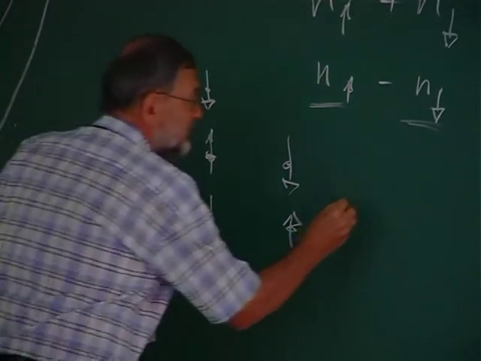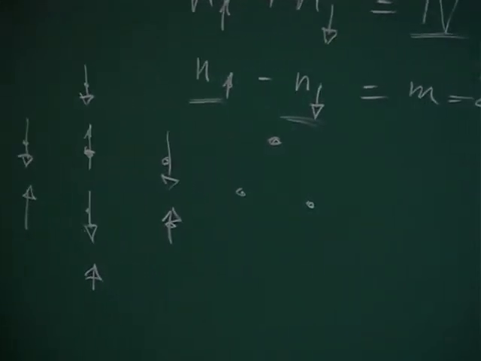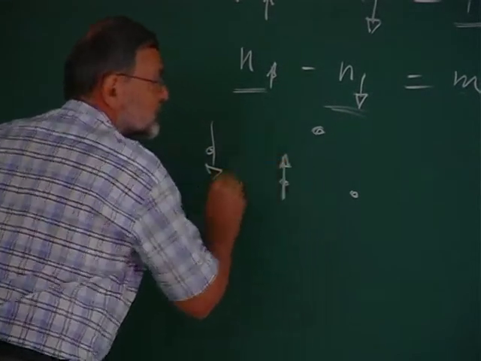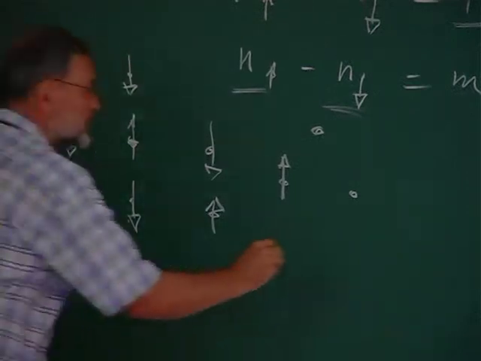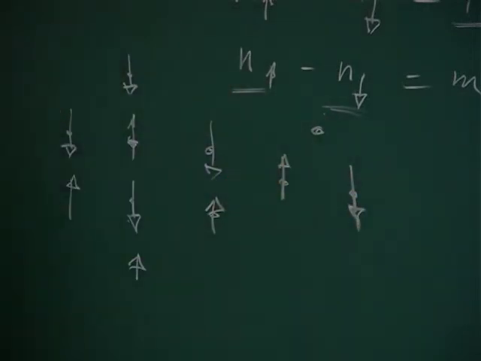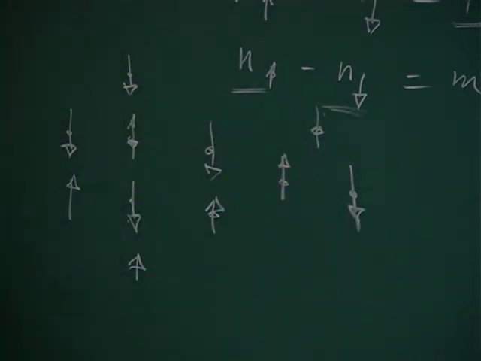But what happens if I have what is called a triangular lattice? If this is spin up, and it wants to be antiferromagnetic, good. Let's make this spin down. But what should I put here? Spin up or spin down? This is unhappy. It's not a good solution.